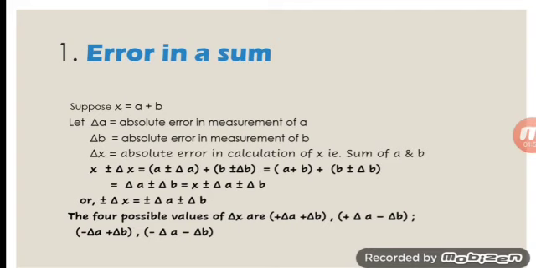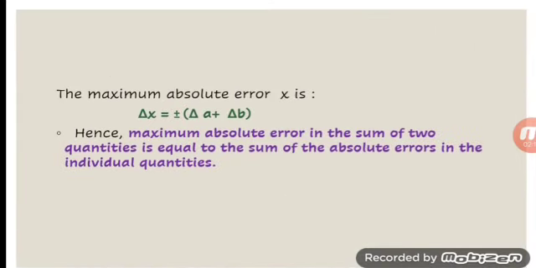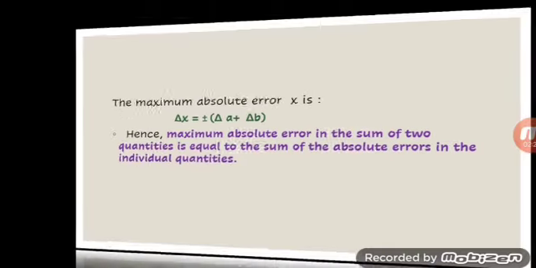Therefore the maximum absolute error in x is delta x equal to plus minus delta a plus delta b. Hence the maximum absolute error in the sum of 2 quantities is equal to the sum of the absolute errors in the individual quantities.